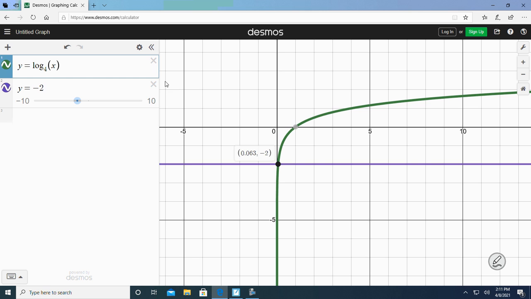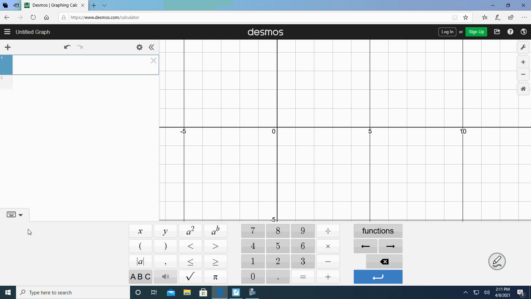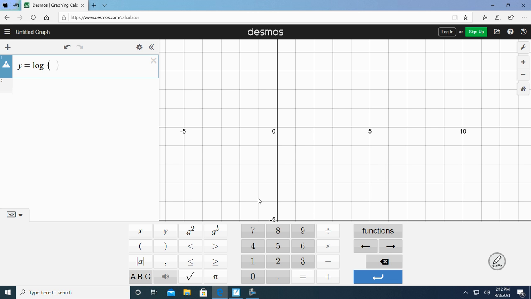And then let's just make sure we got the other one. I'm feeling good about it. So each side is going to be y equals log base 8 under functions, log base a. So that's going to be log base 8 of x.